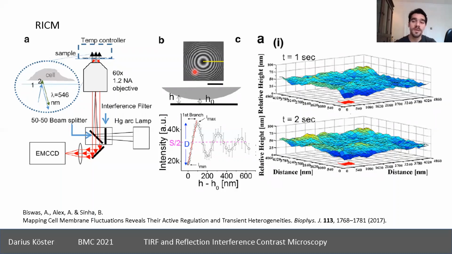So in this example, they could look at the membrane fluctuations on the sub-second or second scale, and map how the membrane height changes on a small patch of the cell. And you are very sensitive: between 0 and 100 nanometers depth, you have a very nice change of signal range, so you can be very precise about how the height is changing in the tens of nanometer range, which is otherwise not easy to achieve.